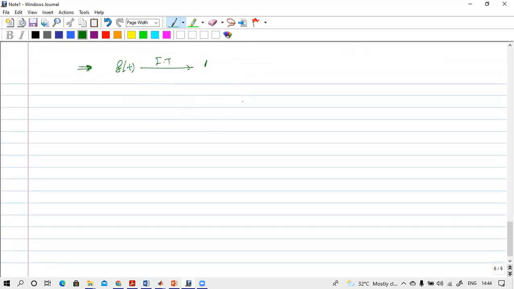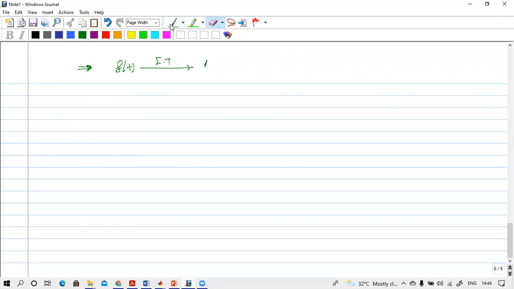Another point I think it is better to point out. If you want to find the Fourier transform of e to the power at, here it is not the absolute value, only at.